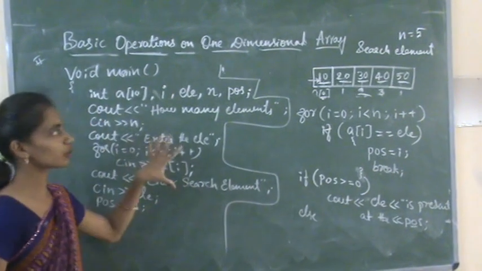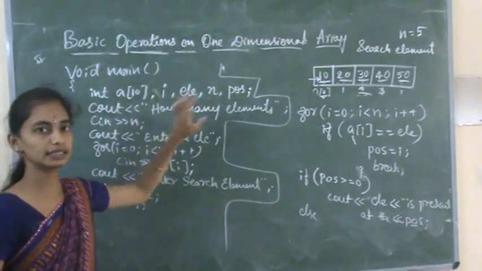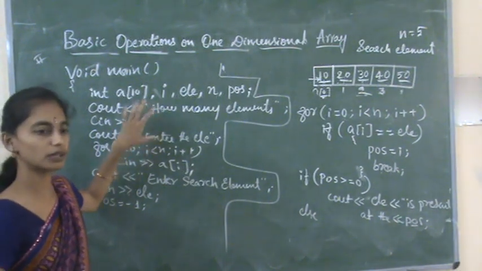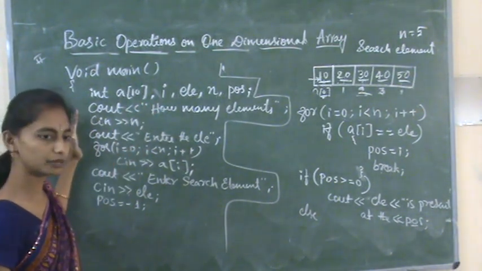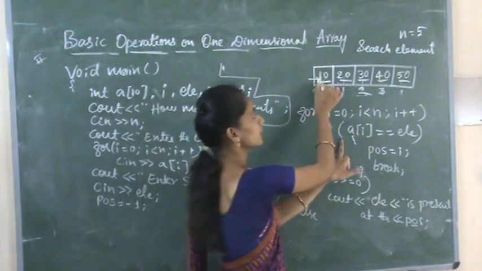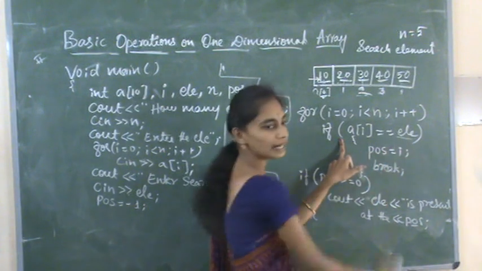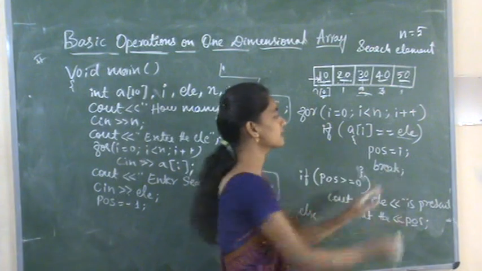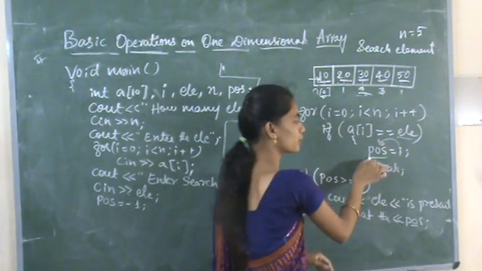So this is a program to search linear array elements. This is normal accessing of the array elements. Here we just use an if condition to check each and every element in an array against the searching element. If it is true, we assign that index or subscript to the position.